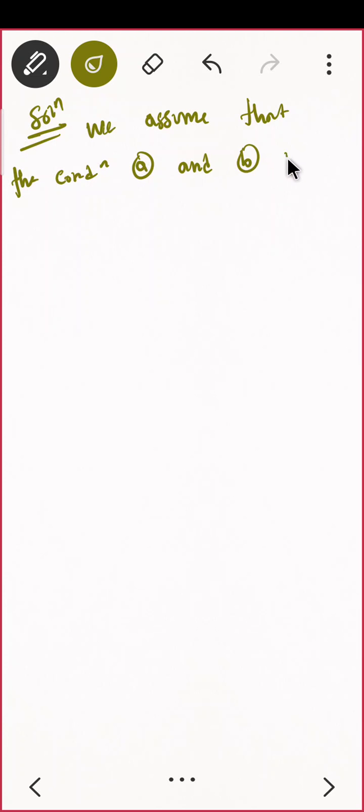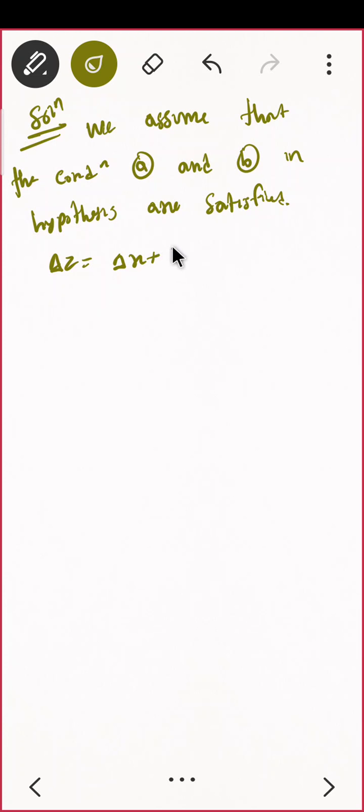So for differentiability, let me start. Suppose we are assuming the first and second hypothesis. Rather than writing again and again, I'll just write this. We assume that the conditions A and B in the hypothesis are satisfied, and write delta z as delta x plus i delta y. Correct?